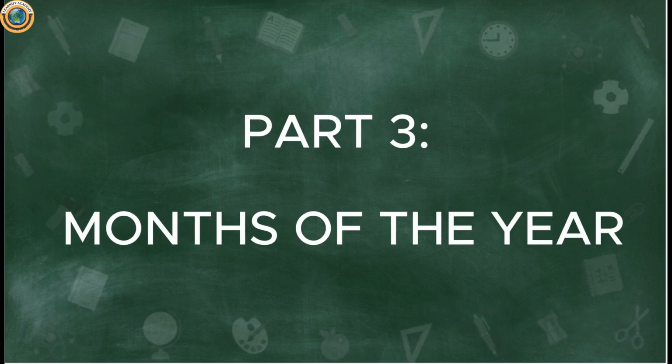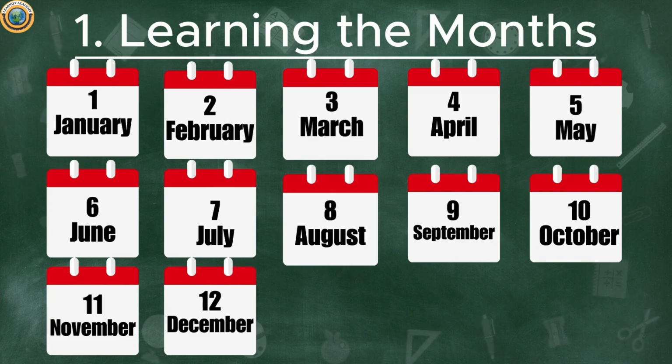Months of the year. There are 12 months in a year, starting from January to December. Now, let's learn the 12 months of the year. Listen and repeat after me.